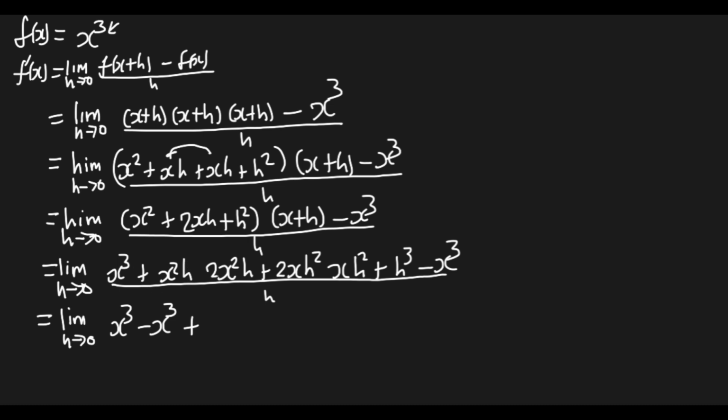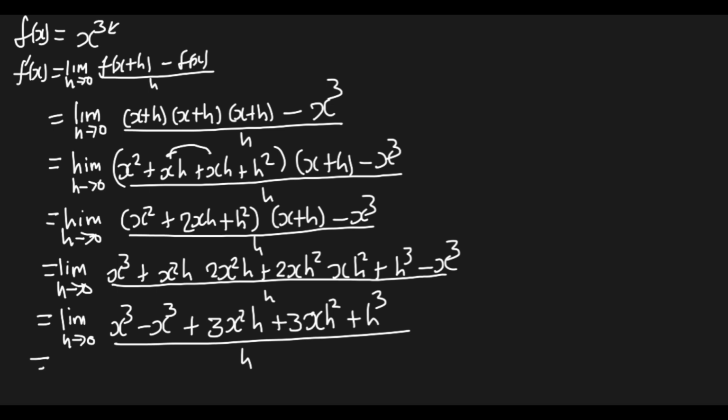So 1x squared h plus 2x squared h, we get 3x squared h. Then plus these 2 are also like terms. So we'll get 3xh squared plus h cubed over h. So we can cancel these 2.